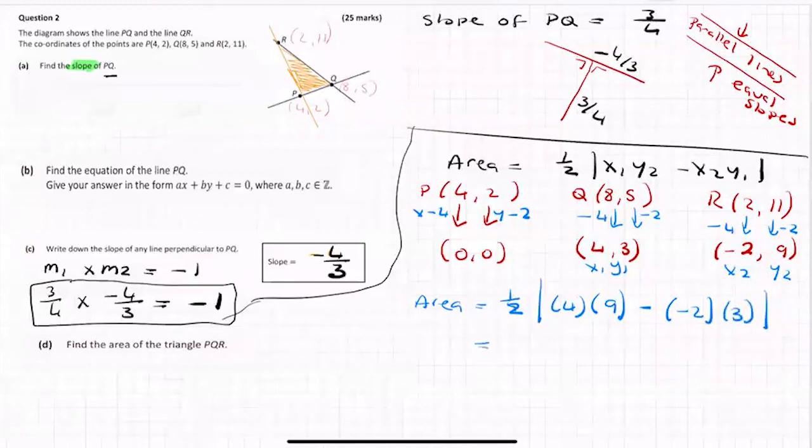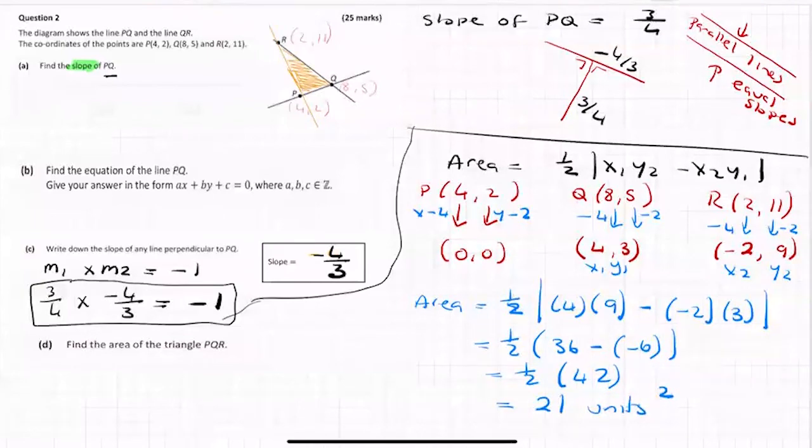Okay, I put all that into my calculator, so a bracket here, so 4 9s are 36, minus 6, so I'm getting half of 42, and I get 21 units squared if I did that right in my head. And that is the area of that triangle.